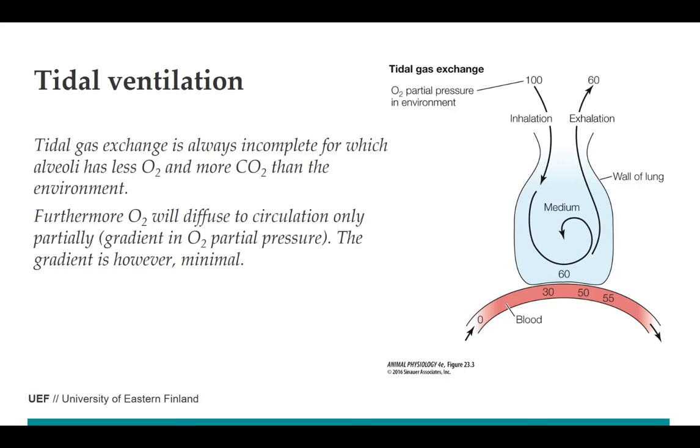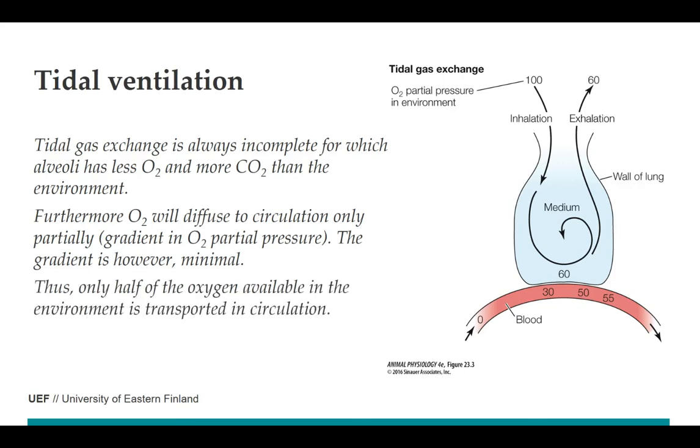So we are quite good at taking the oxygen from the lungs. But anyway, because this tidal gas exchange is incomplete, in the blood we can have maybe 50% of the partial pressure of oxygen that exists in the environment.